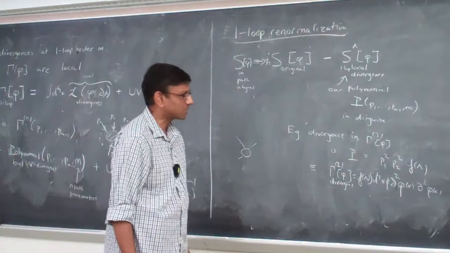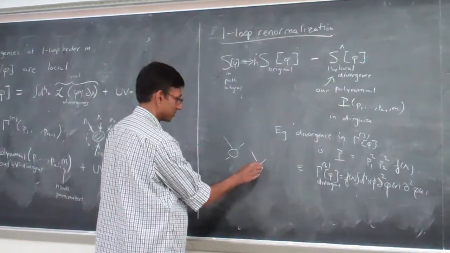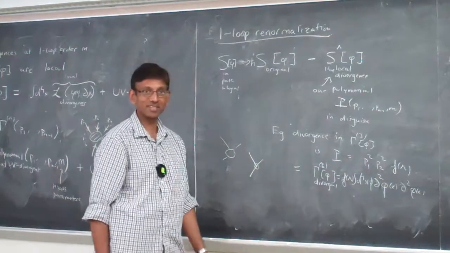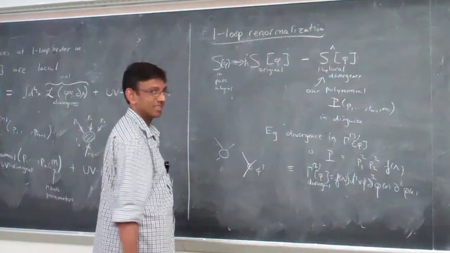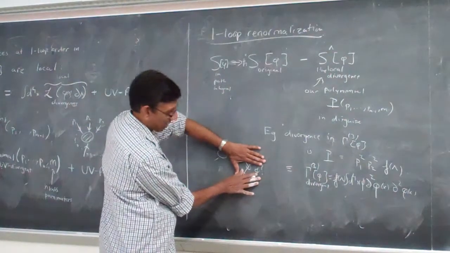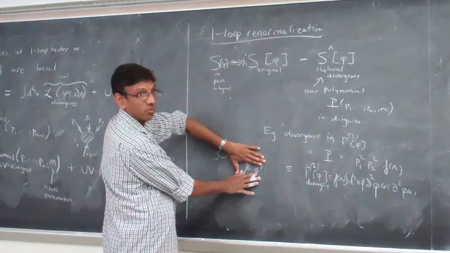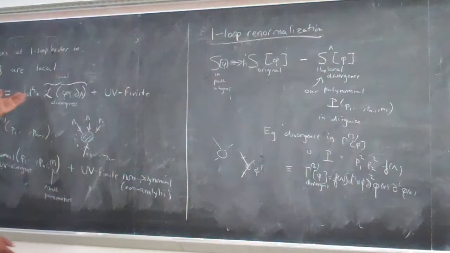But that doesn't mean the effective action vanishes, because there are vertices there, the tree level vertex. So if this is phi cubed, then if I amputate this, this is a 1PI diagram, it's a rather simple one, but it is there. So even tree level is sitting inside gamma.